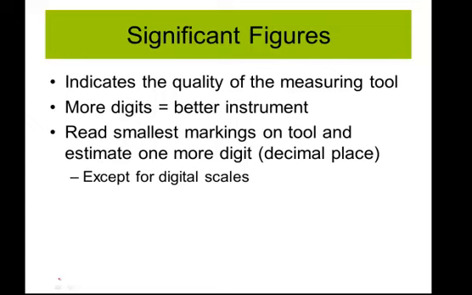When I read measurements, I want to read the smallest markings on the tool, and then I want to estimate one more place, meaning one more decimal place. So I read the smallest itty-bitty markings, and then I have to estimate in between those little markings. And we don't do that on digital scales because obviously there's nothing that we could estimate.